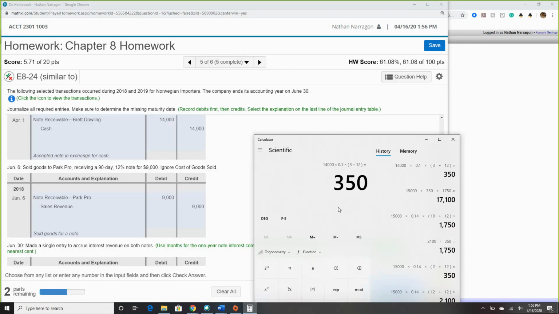I have to do the same thing: principal times rate, 0.12 for me, times the fraction of the year. Since I'm working in days, I have to keep 365 as my denominator.